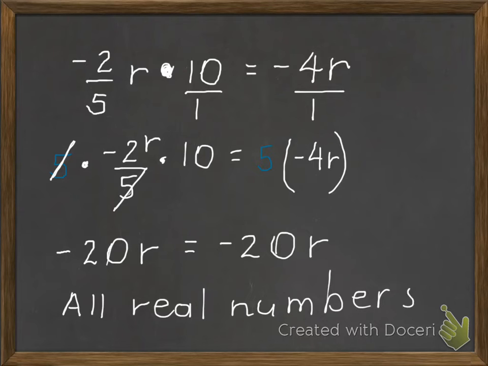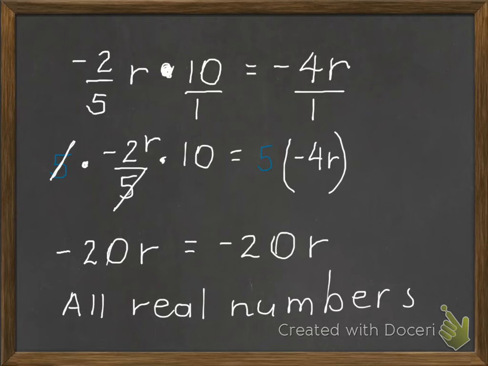Think about it. Any value we put in for r would make this equation true. If r is 1, we have minus 20 equals minus 20. If r is 2, we have minus 40 equals minus 40. If r is 4, we have minus 80 equals minus 80, and so on.